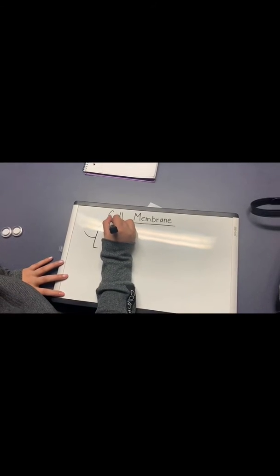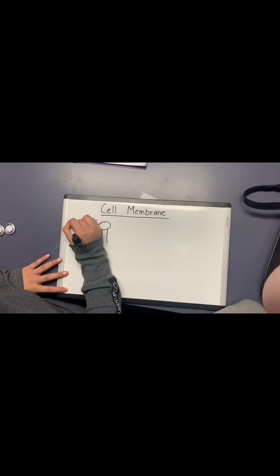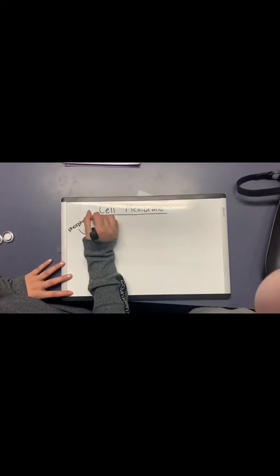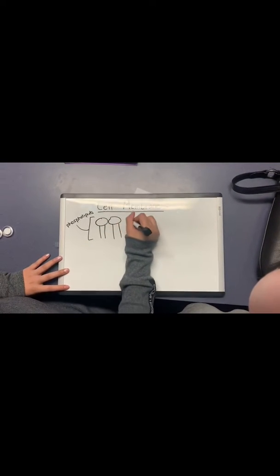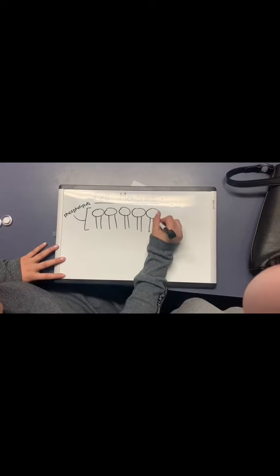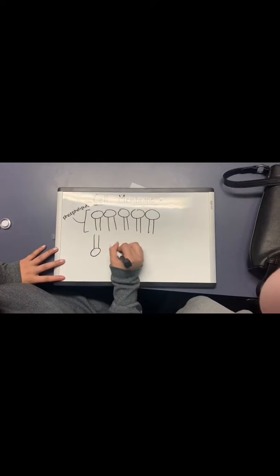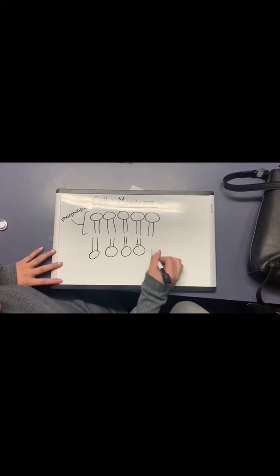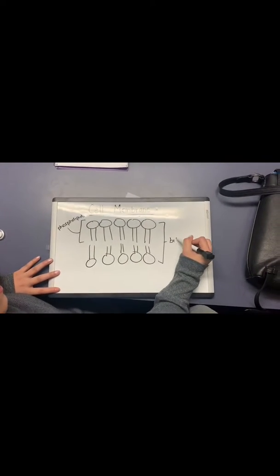Okay, so first we're going to be talking about cell membranes. The cell membrane is made up of phospholipids. The head of a phospholipid serves as hydrophilic, which means that it likes water, while the tail of the phospholipid serves as hydrophobic, which means that it does not like water, which is why its structure is a bilayer.